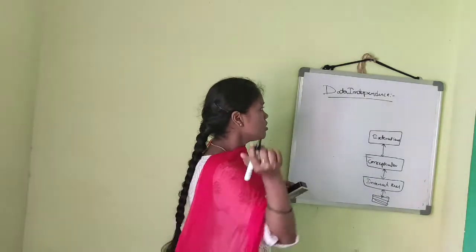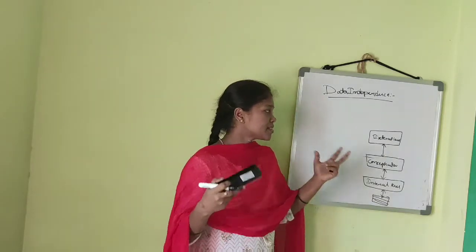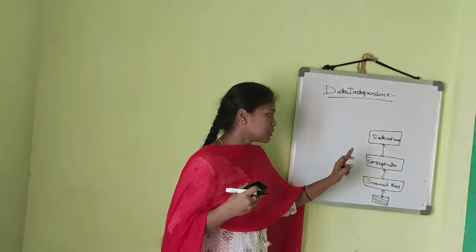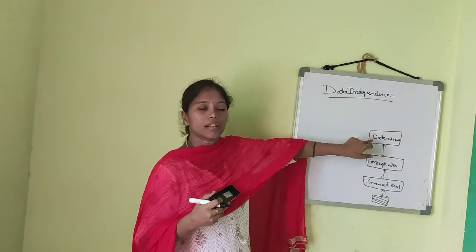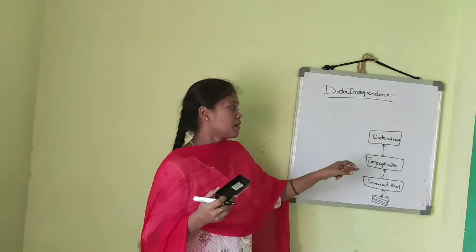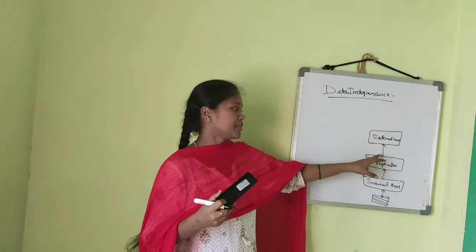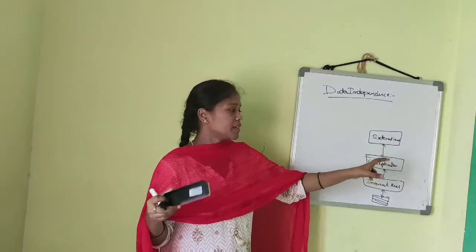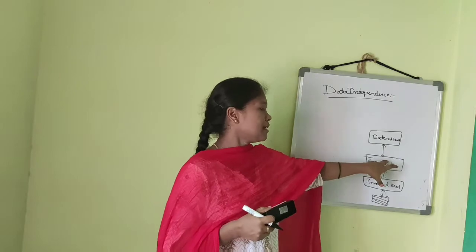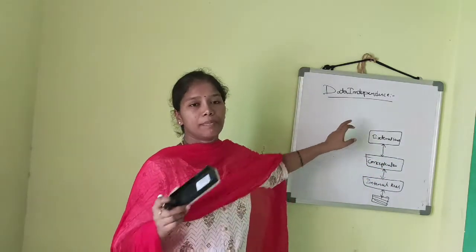So database independence means if any changes are performed in a particular schema, then it will not be affected to any other level. Of course, they are interrelated. There is some relation between them. But if there is any change in a particular level and the others are not affected, that is called database independence.